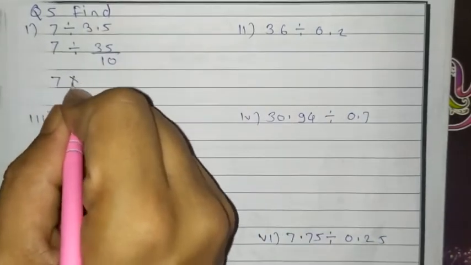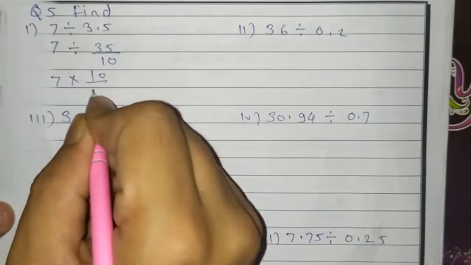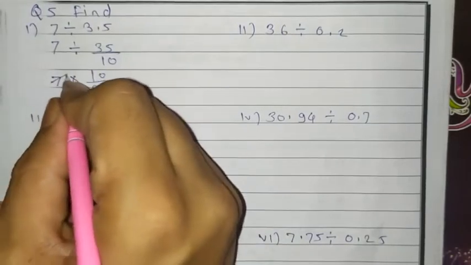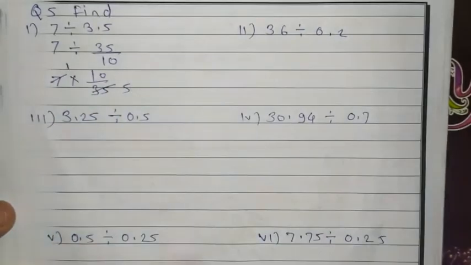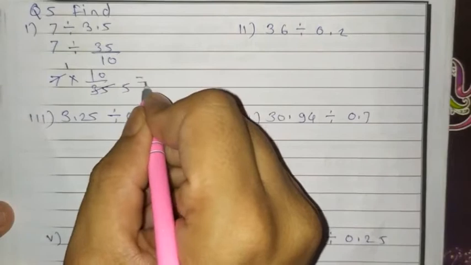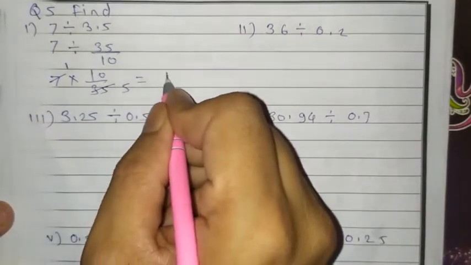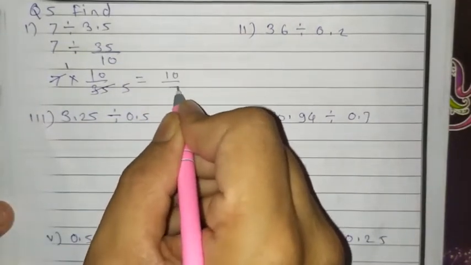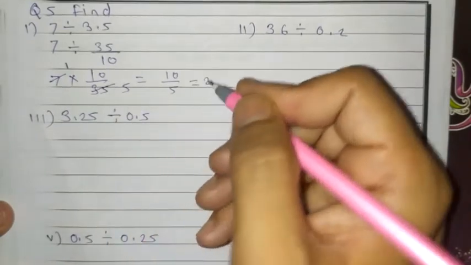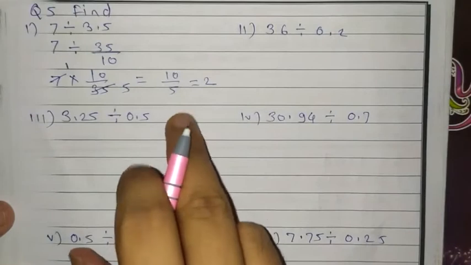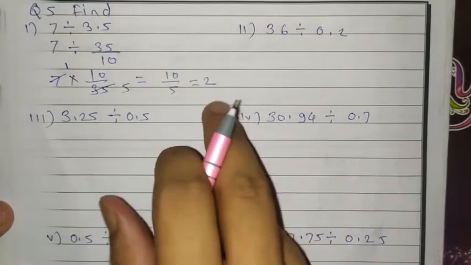So 7 into 10 will go upside, 35. So here 7 ones are 7, 7 fives are 35. Okay, so what will be the answer? Upside 10 is as it is and downside 5 remains. So here the answer is 2 because 10 can be divided by 5. So 5 into 2 is 10. So our answer is 2.